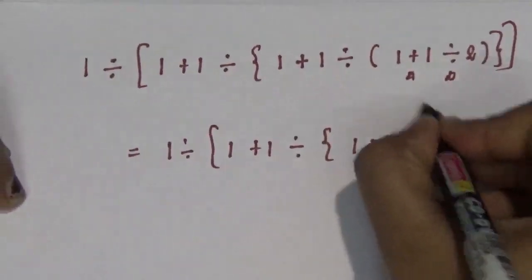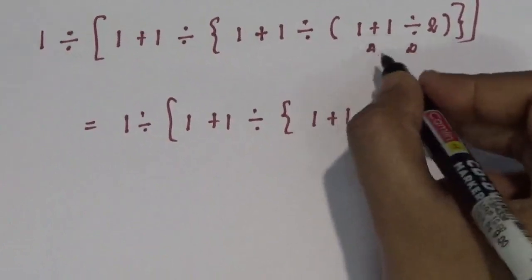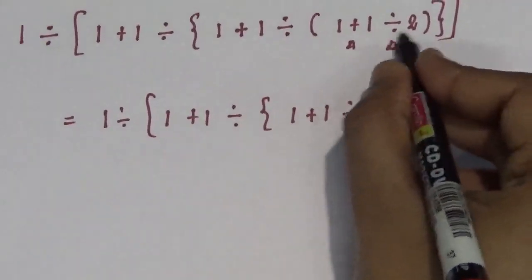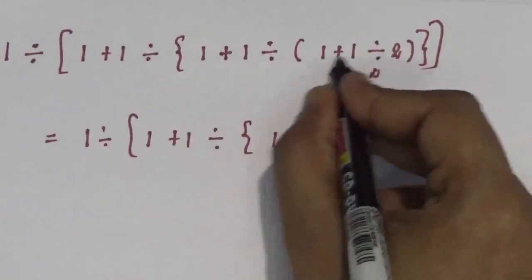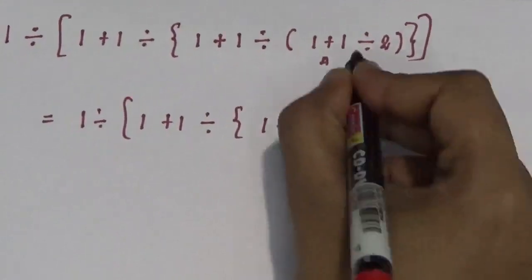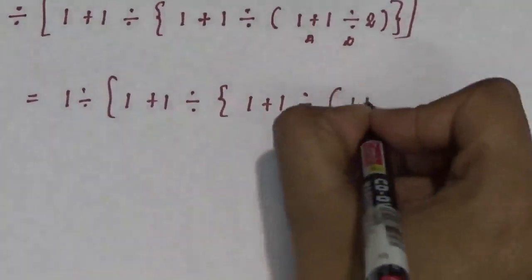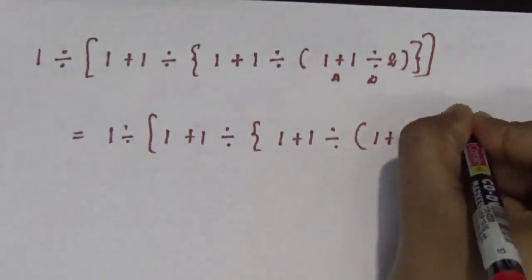Again we put the same bracket because we are doing only 1 operation here. So 1 plus 1 divided by 2 can be written as 1 by 2. Now close this bracket.